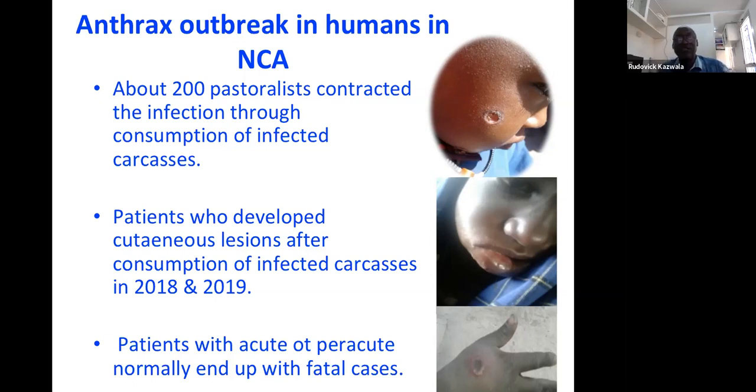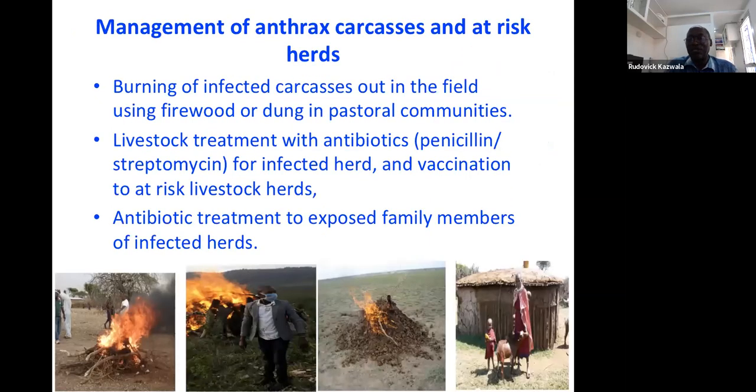And when we had the anthrax case, this is the situation we saw. Of course, there are some issues regarding anthrax in those populations because of the behavior and the culture, where people are not willing to destroy the dead animals. They would like to have some meat from them. And therefore, authorities have to intervene and burn carcasses and also treat the cases in humans.